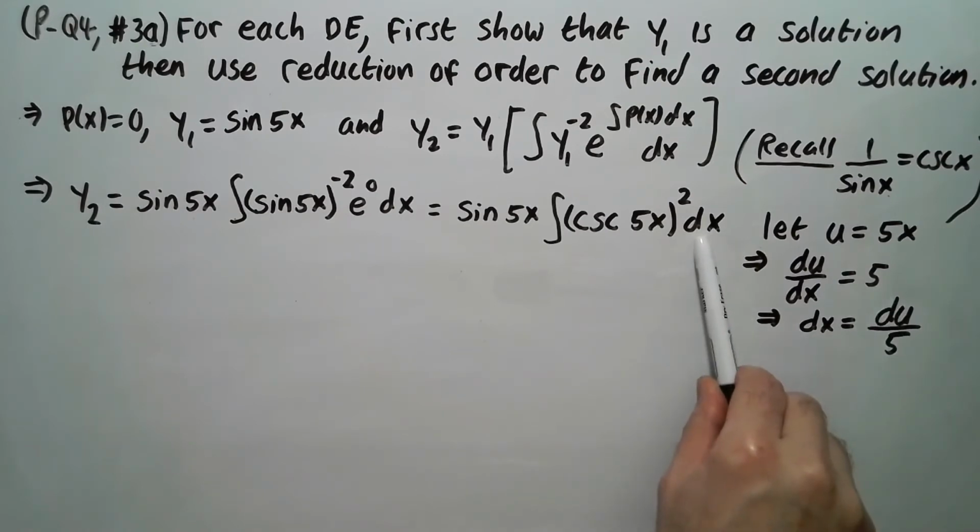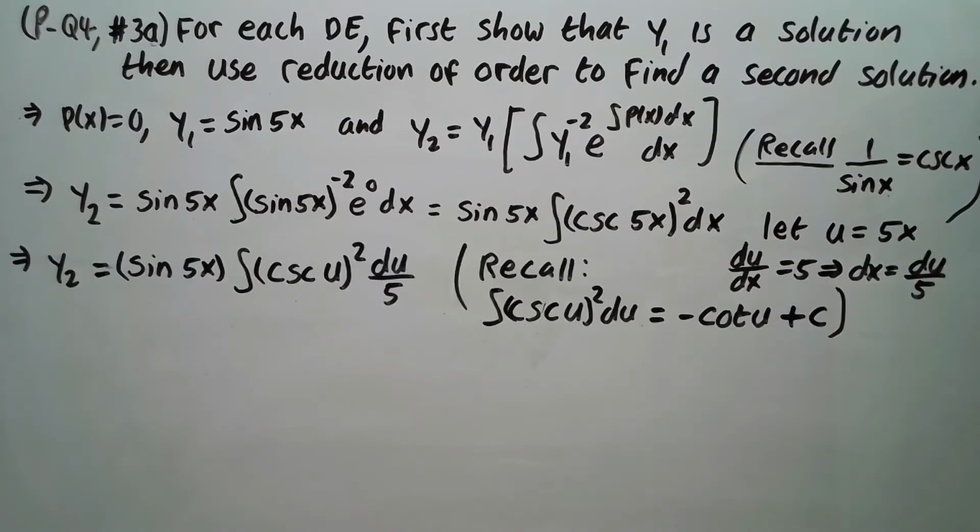Let's make that substitution over here. So making a substitution then, we'll have our y2 equals sine 5x times the integral of cosecant u squared du over 5. We can bring this 5 out over here. And also we can recall that the integral of cosecant squared is negative cotangent plus c.